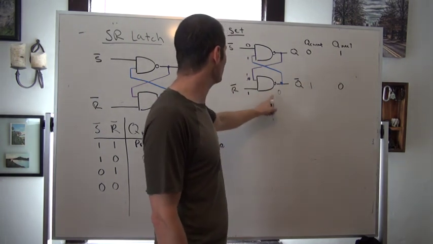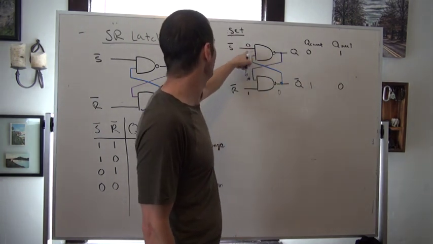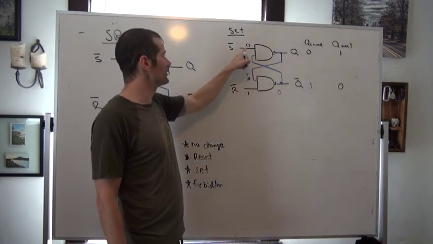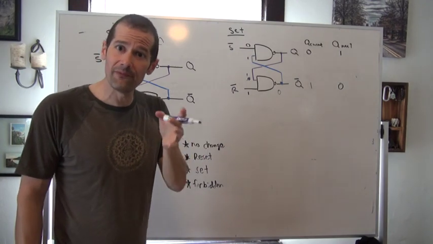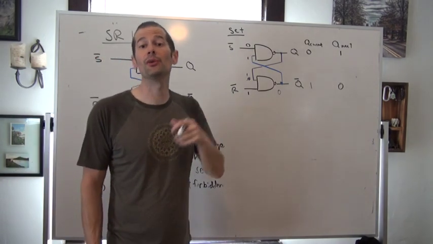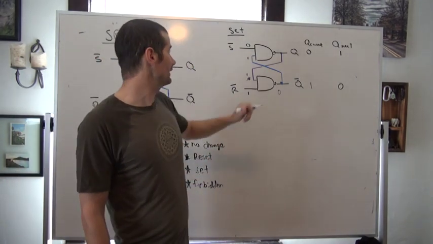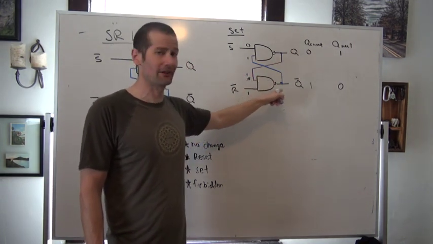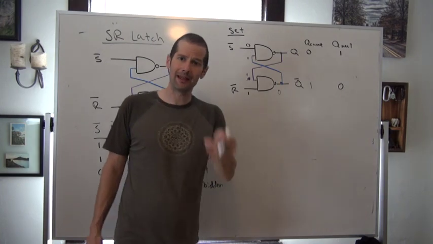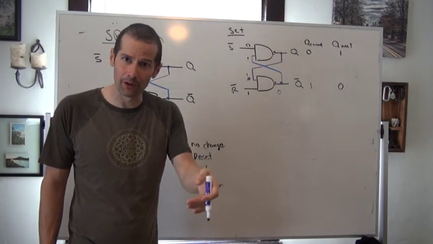And so now we actually have 0, and then S bar being 0 as well. 0 and 0 NANDed together holds the value of Q as being 1. And as long as that stays 1, then 1 and 1 NANDed together causes Q bar to be held at 0.